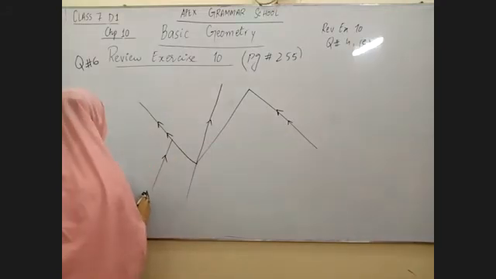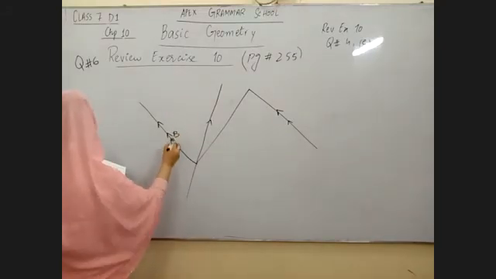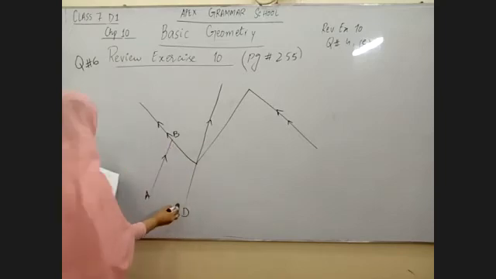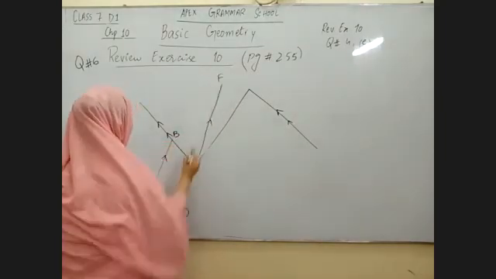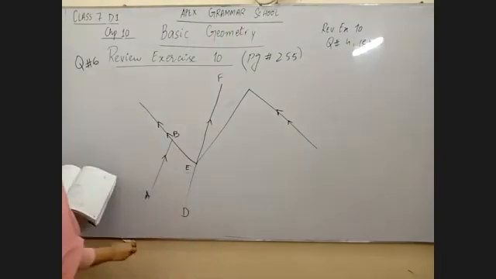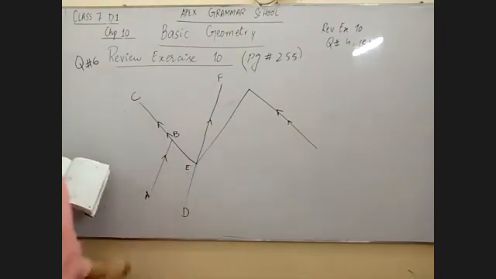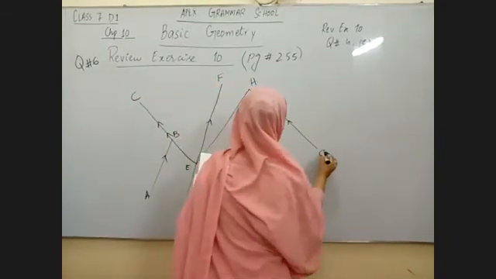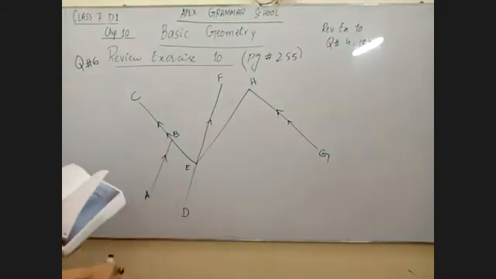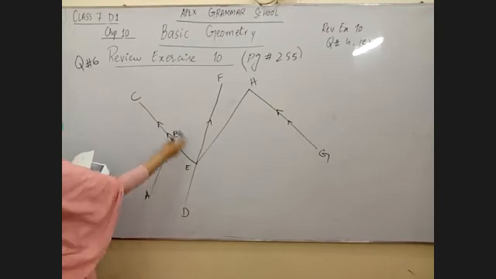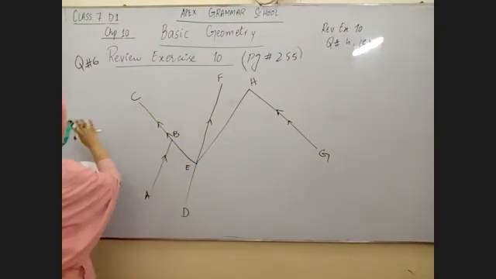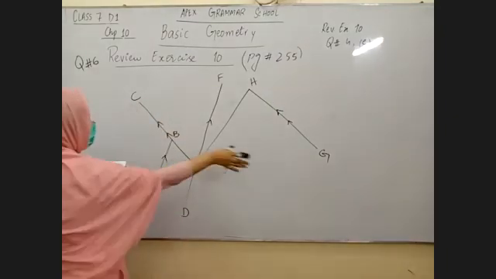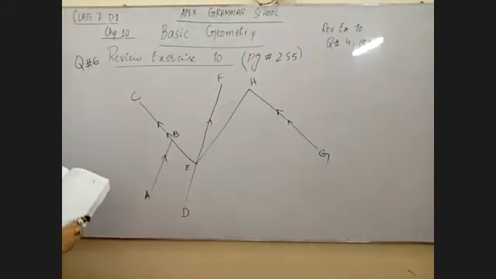Okay, first one is AB is parallel to DF. This point is E, C, H, and G. Now we have two pairs of parallel lines: AB is parallel to DF and EC is parallel to GH.